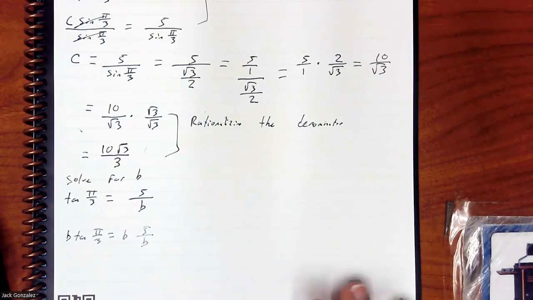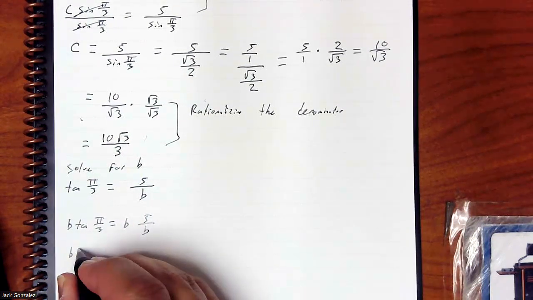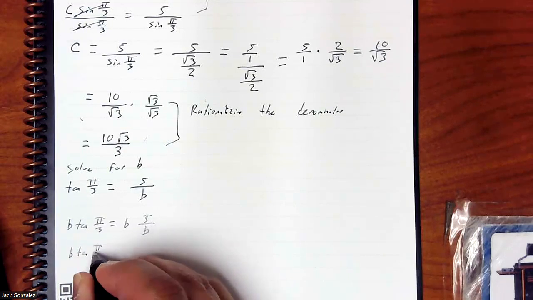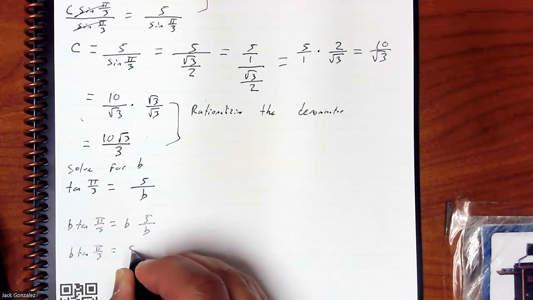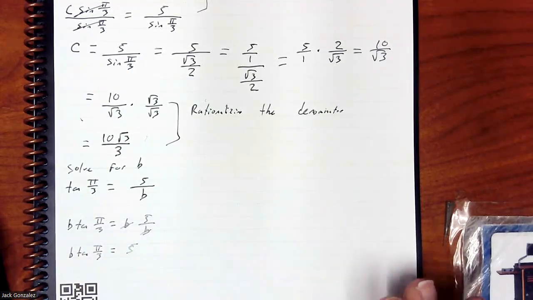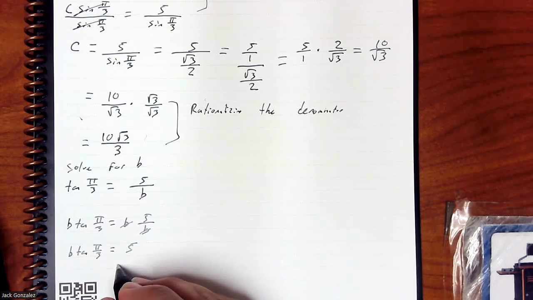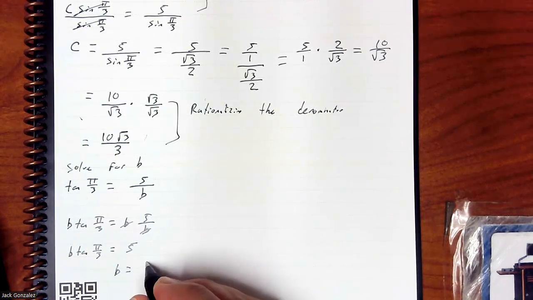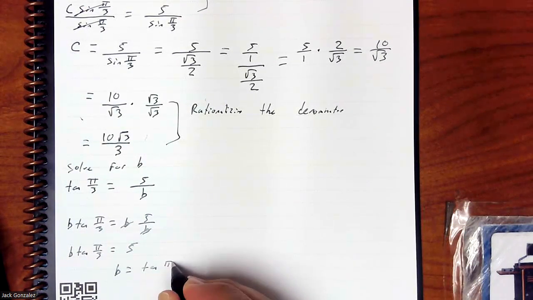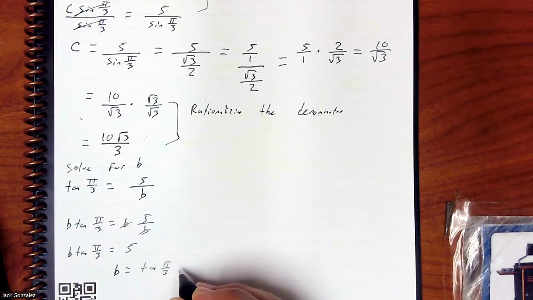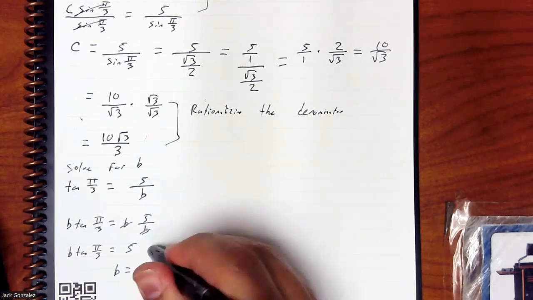The B's cancel, getting it to here. Divide both sides by tangent, and you get to here. I skipped the minor steps because it's the same thing as before.